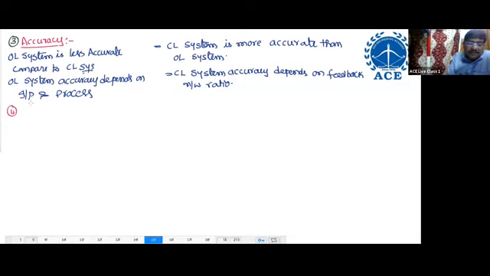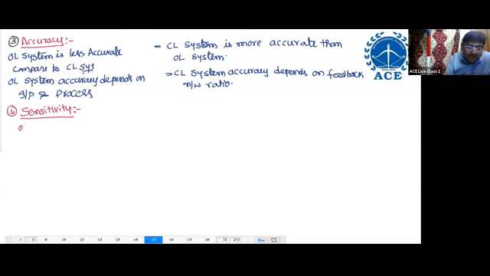Next. Accuracy. Sensitivity, which is more sensitive, tell.